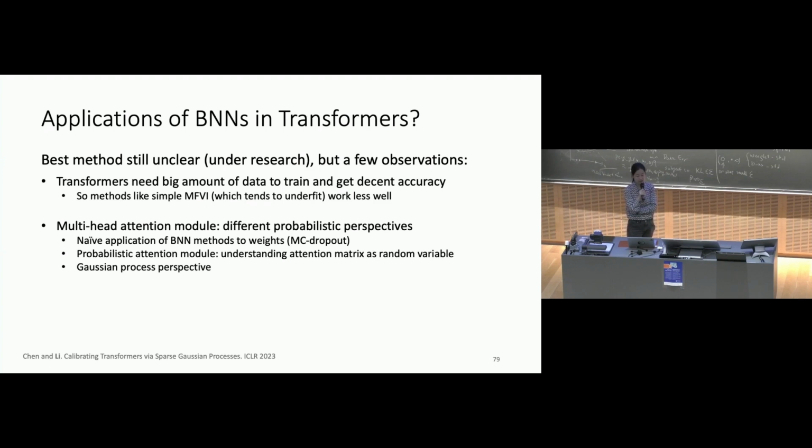Or there are people investigating probabilistic versions of attention, and trying to come up with different versions of probabilistic attention modules. There may be some other perspectives, like Gaussian processes, on which we've done some interesting work at this year's ICLR. If you're interested, you can check it out.